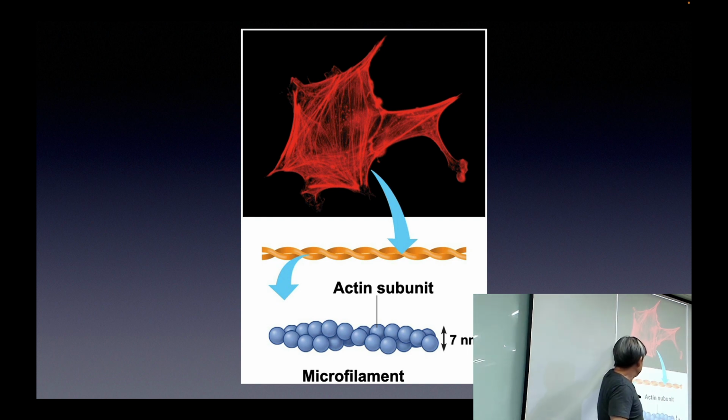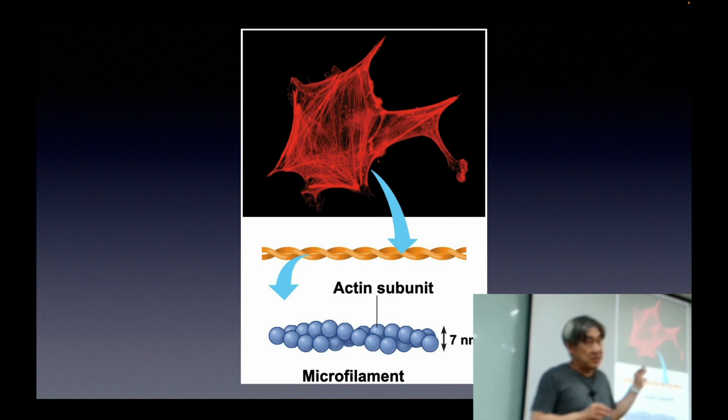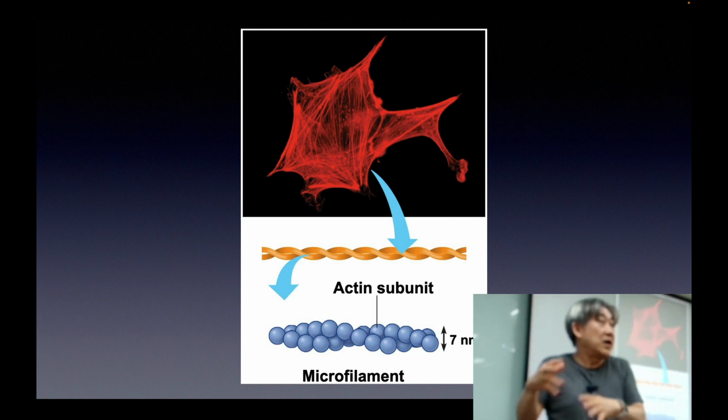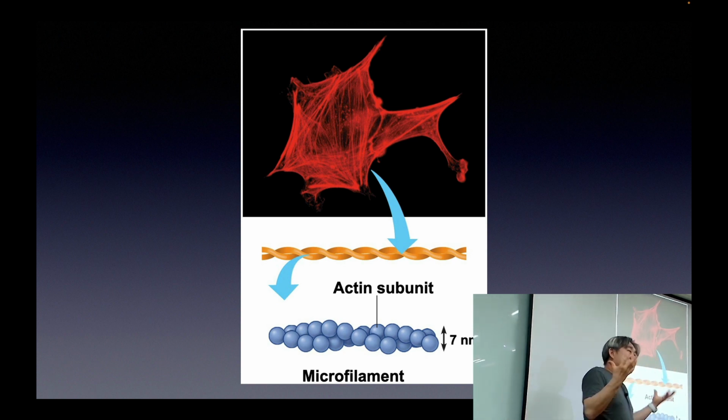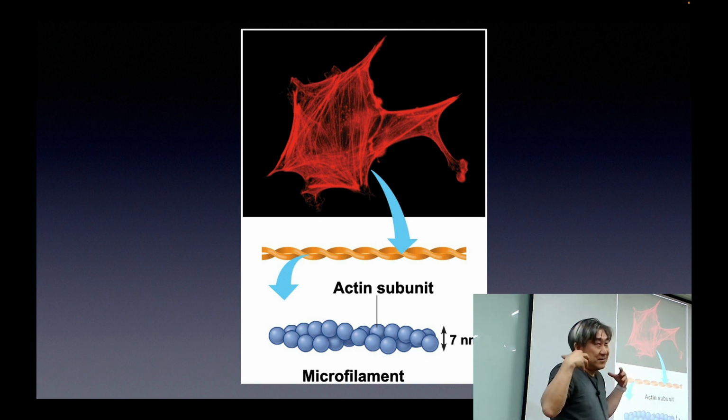So in this, all this red color indicates the presence of this particular type of cytoskeleton called actin. Three different forms, one of which is actin, the other is a microtubule, another is an intermediate filament. Even you don't really need to know the three different names, who cares? But there are three different forms of cytoskeletons.